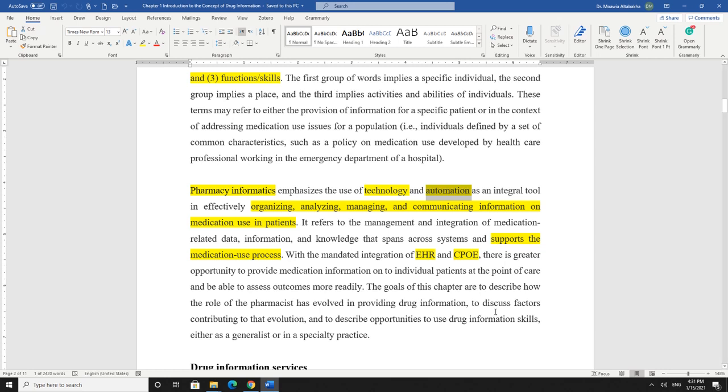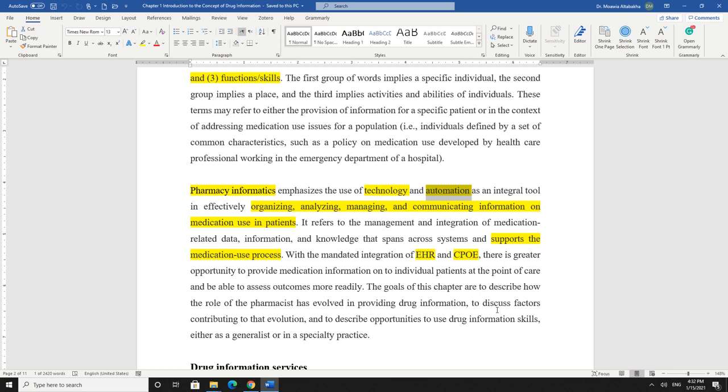It has to contain also the platform or the software that will allow different things to be integrated together, as we said previously: electronic health record, the CPOE, which is Computerized Provider Order Entry, and as I said previously CDSS, Clinical Decision Support System.